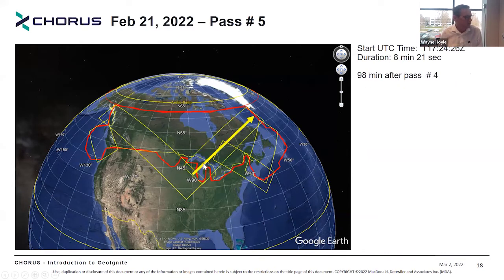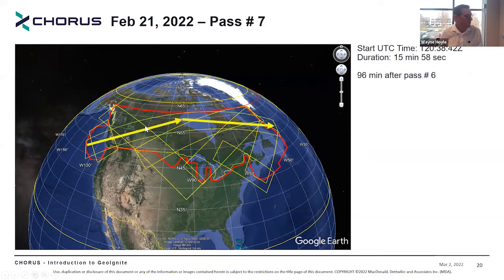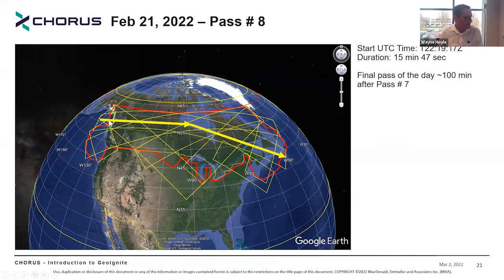Then we move west with the next pass here, pass number 5 at 17:24, pass number 6 at 19:22, pass number 7, going almost completely across the country, a 15-minute and 58-second, so almost a 16-minute pass. And the last one of the day here, pass number 8, is again almost 16 minutes at 22:19 Zulu.